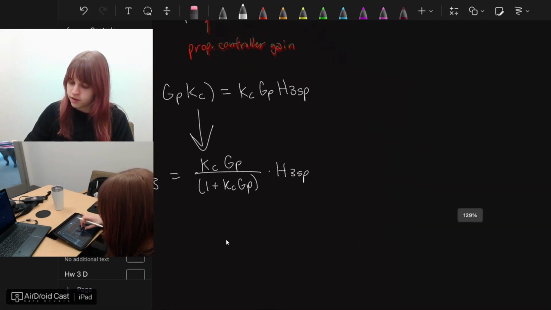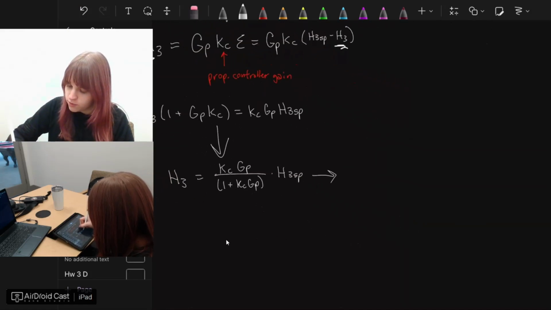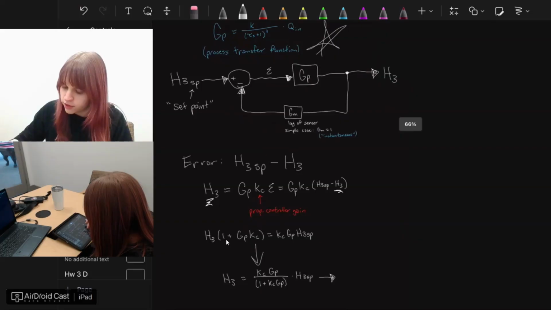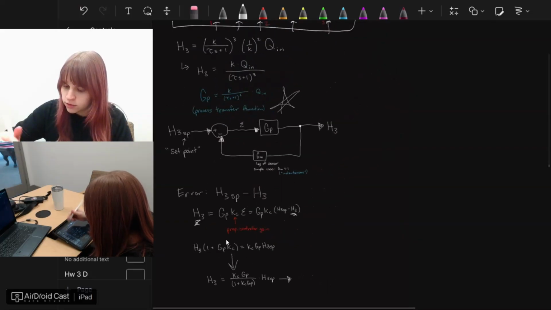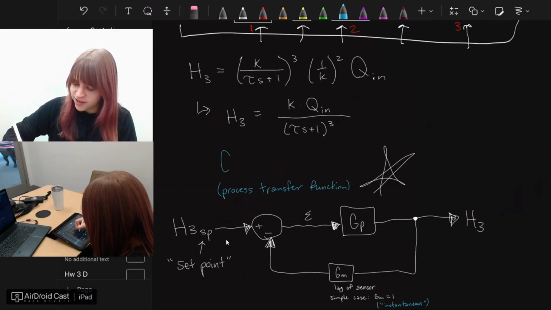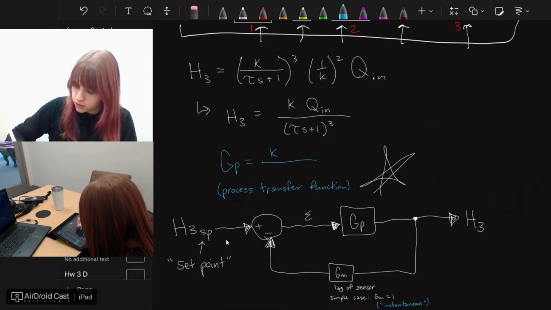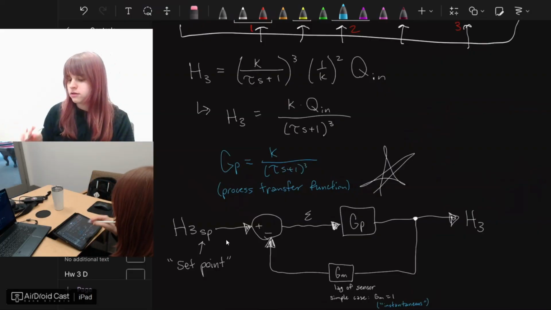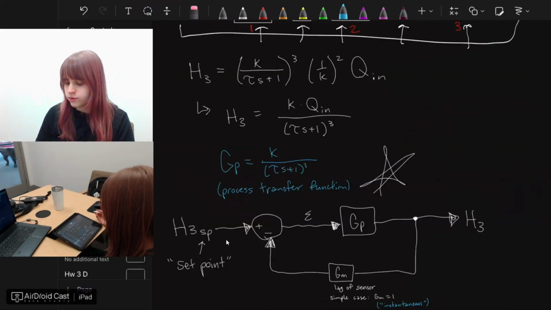And then we can substitute in what we calculated for the process transfer function. And I accidentally erased this, but up here we had our process transfer function. It's actually K, the gain, over tau s plus 1 cubed.